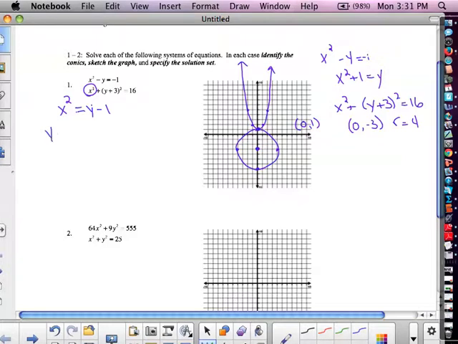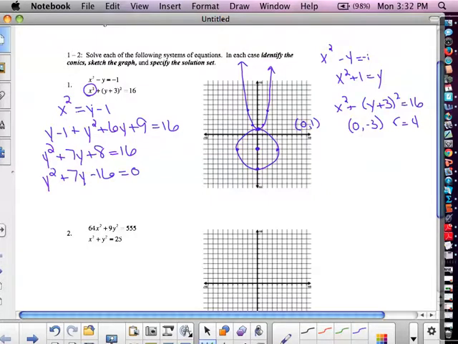So that becomes y minus 1 plus, then FOIL that (y plus 3) squared, so you'll get y squared plus 6y plus 9 equals 16. Combine like terms, and you should have y squared plus 7y plus 8 equals 16. And then solve that by subtracting the 16 from both sides.